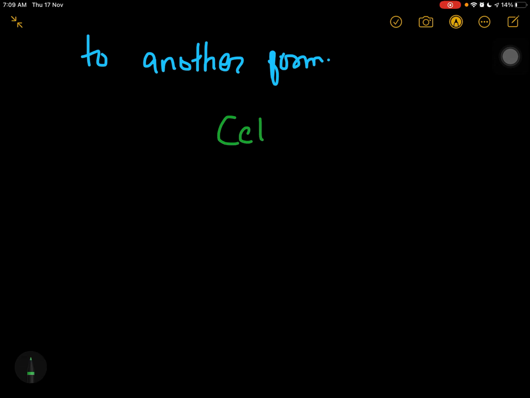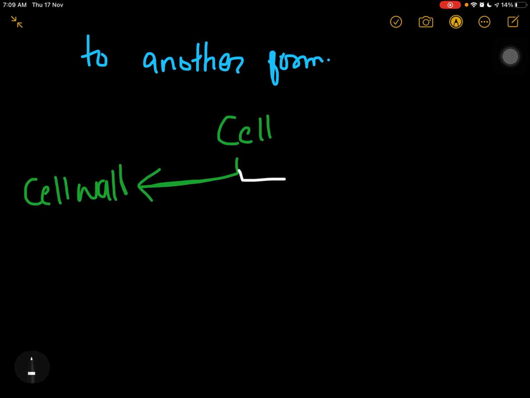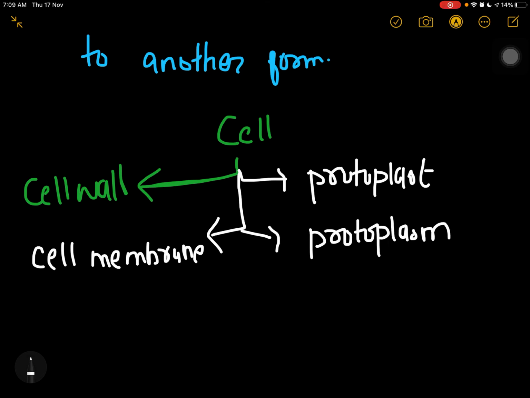Consider this is a cell, right? When we remove the cell wall from the cell, we get protoplast. When we remove the cell membrane from the cell, we get protoplasm. But when we remove the nucleus, we get cytoplasm.